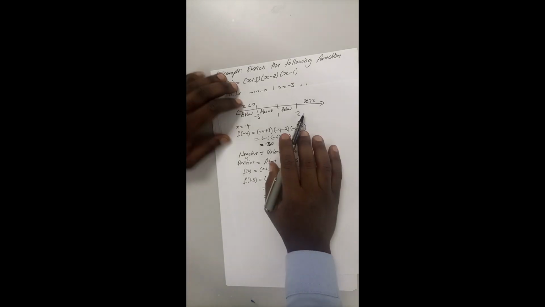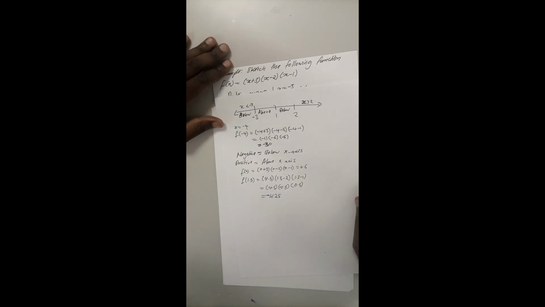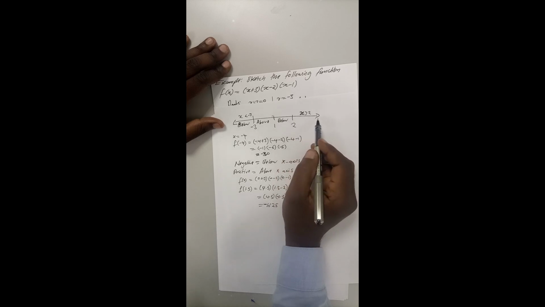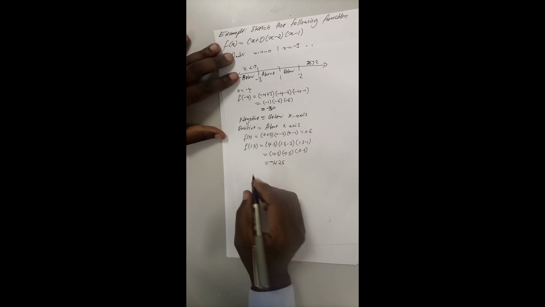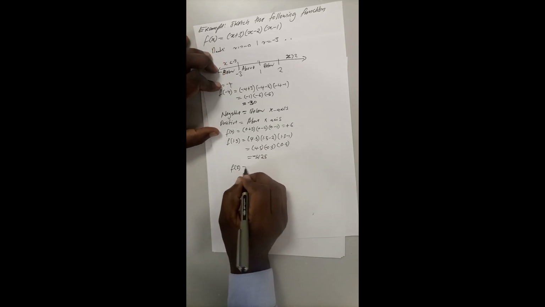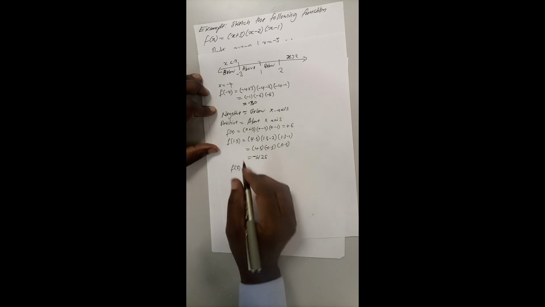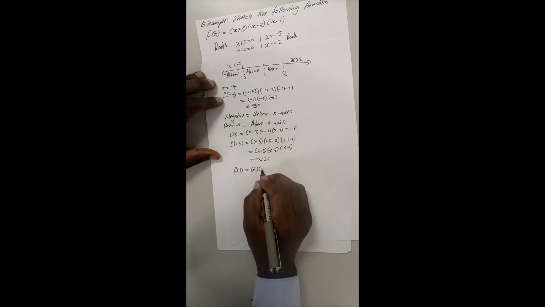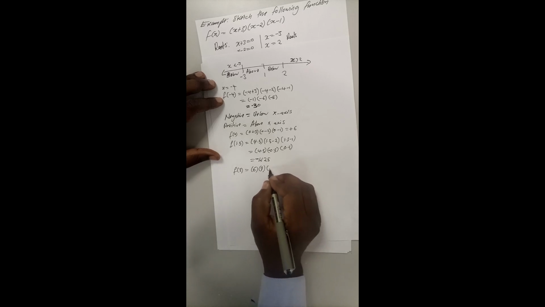Now test where the function will be for values greater than 2. Pick any number greater than 2. I'm going to pick 3, a convenient one. Substituting 3 in this function, we're going to have 6, 1, and 2.